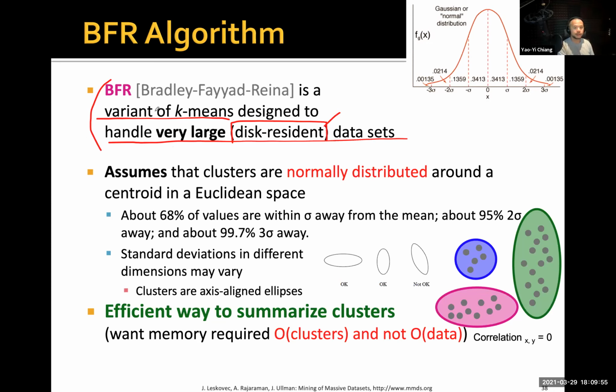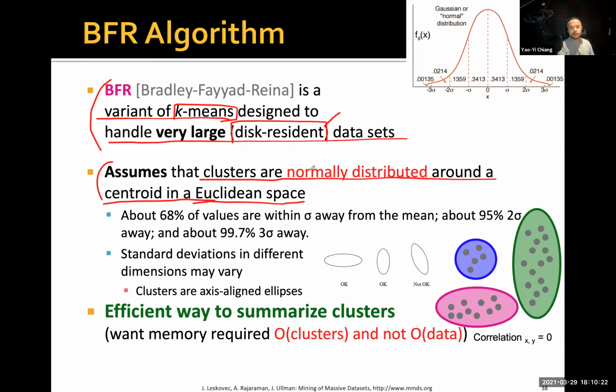So the BFR algorithm, because it's based on k-means, it can only deal with the Euclidean space. And the BFR algorithm also has its own assumption about the data set. It says the assumption is that clusters are normally distributed around a centroid in an Euclidean space.